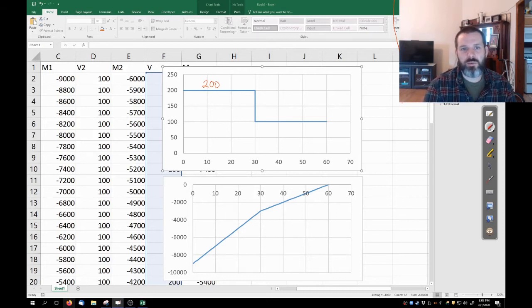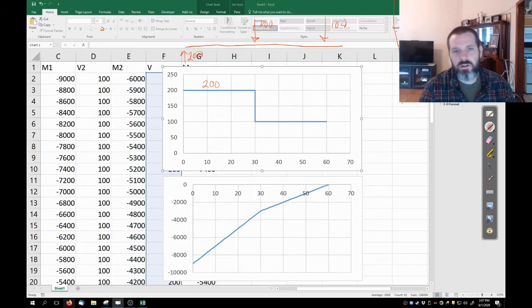If we look at what our beam was, we have 100, we have 100, we had 100 here, or 200 here. This will be 0. Our moment acting this way would be 9,000.